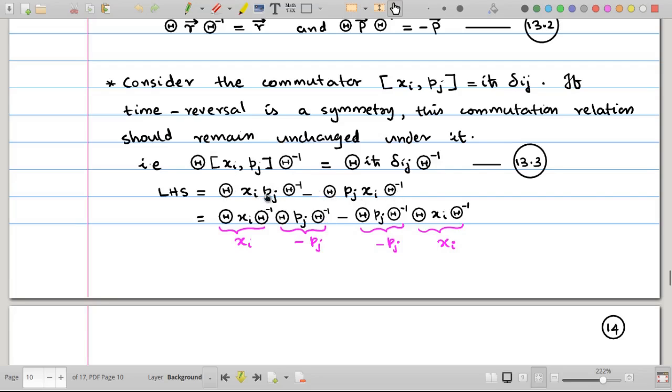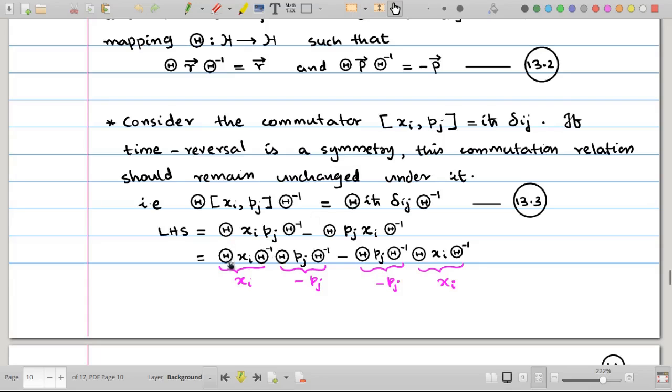Now considering the first term, between x_i and p_j we can insert an identity operator, theta inverse theta, and therefore we can write this as theta x_i theta inverse then theta p_j theta inverse.